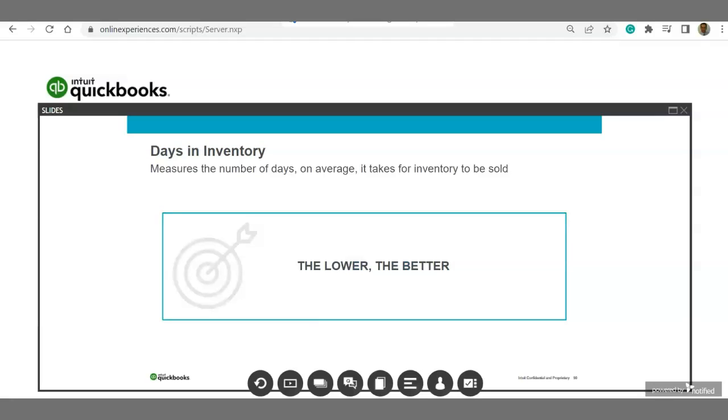Let's say the ratio is 90. That means on average, inventory is turned over every 90 days. So the lower the better. This KPI indicates how well the inventory is being managed.